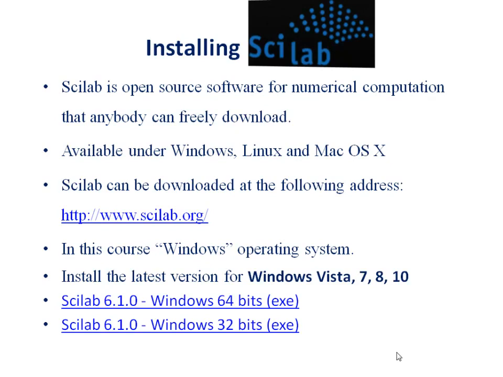Now installing Scilab. As I have told earlier, Scilab is open source software for numerical computations that can be freely downloaded from the website www.scilab.org. It is available for Windows, Linux, and Mac OS X operating systems.